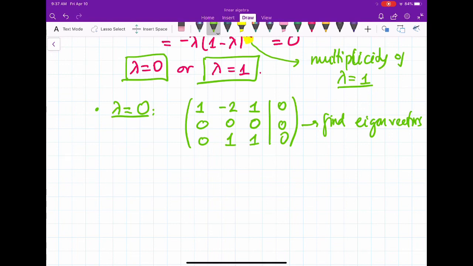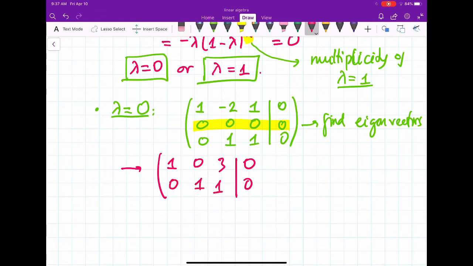All right, so we have the second row, 0, 0, 0, which is perfect. Now I multiply the third row by 2 and add to the first. I have 1, 0, 3, here 0, 0. I don't write the second row, and here is 0, 1, 1, right? That is the reduced row echelon form.